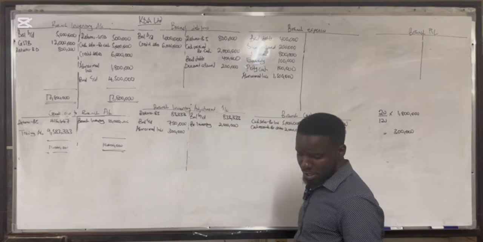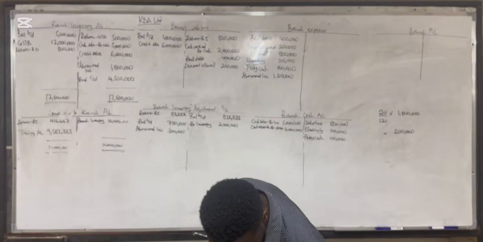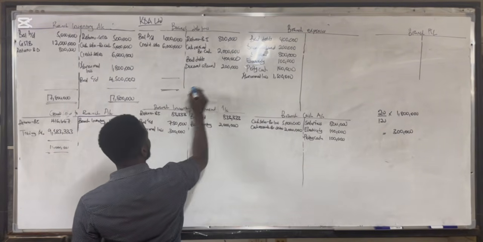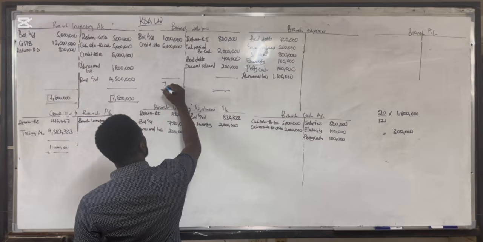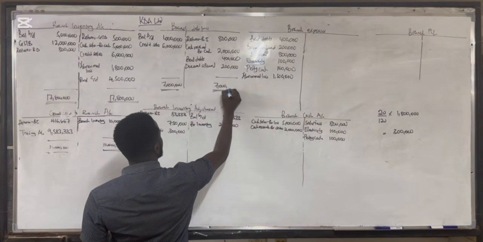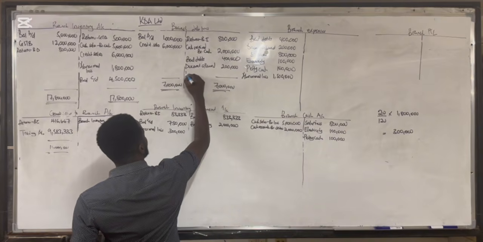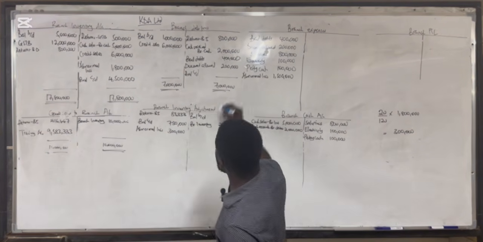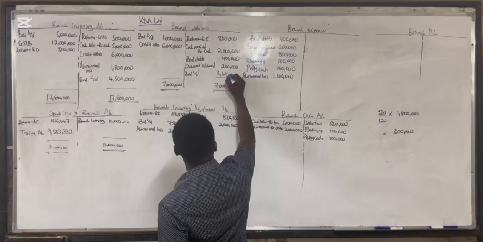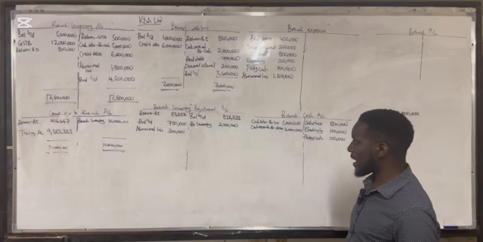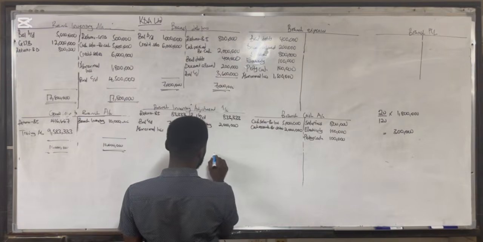Then also, when it comes to the branch debtors account, once you're closing it off, you're going to have 7 millions here, 7 millions and 7 millions. And then we're going to have a balance carried down, and balance carried down is going to be 3,600,000.